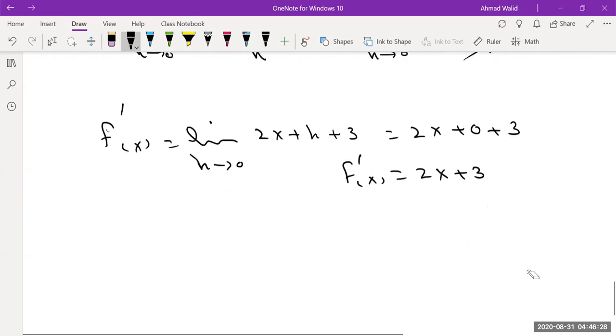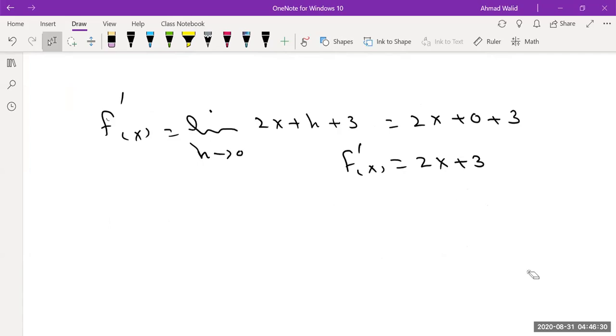One more thing to tell you, we have the first derivative of a function. We can take the second derivative of a function. We can take the third derivative of a function, fourth, fifth, sixth, nth derivative. The notation will be here. F prime, first derivative. F double prime, second derivative. F triple prime, the third derivative.